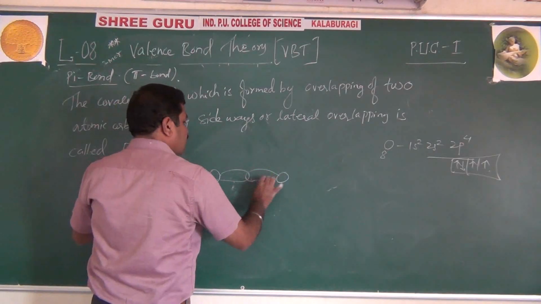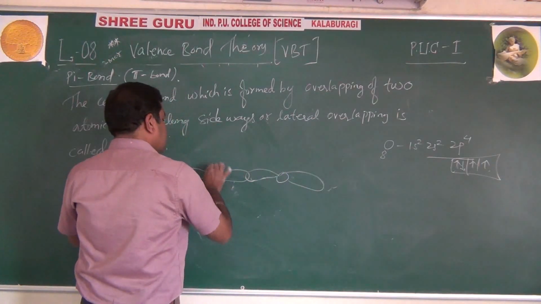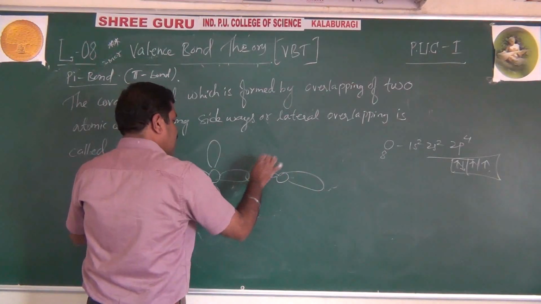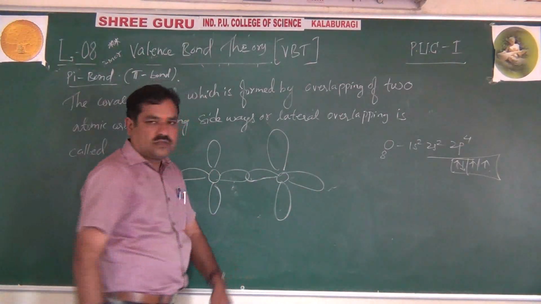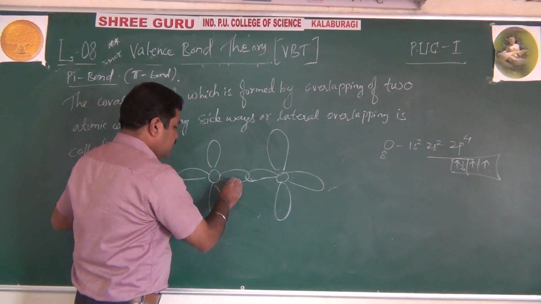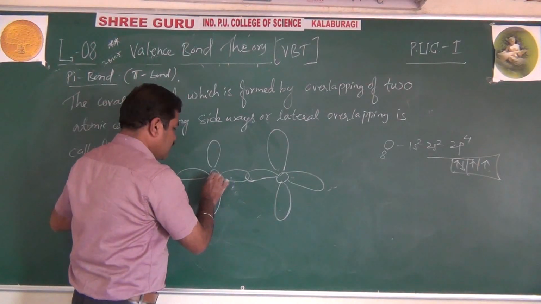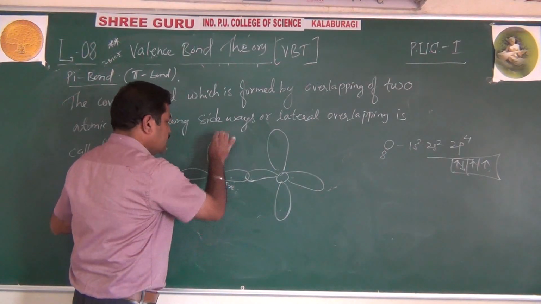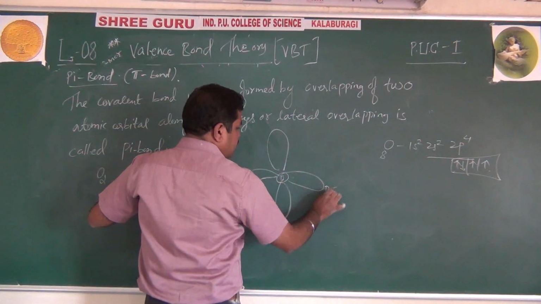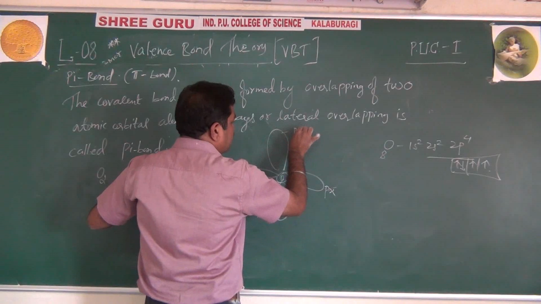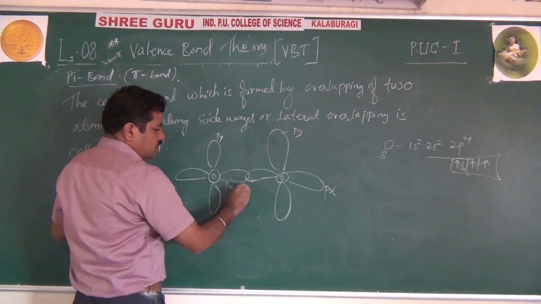Px, Py, okay, Py, like this. This means this is Px and this is Py. This is Px and this is Py. In oxygen, you know, this is sigma bond.